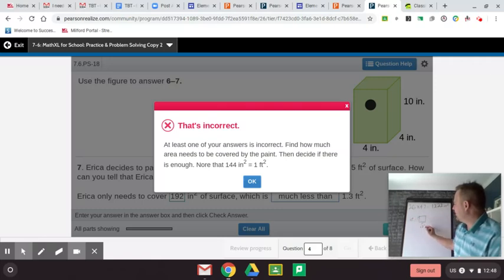So 12 inches times 12 inches is 144. So 1 foot squared equals 144 inches squared. So that is important.